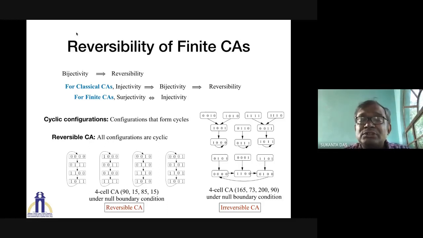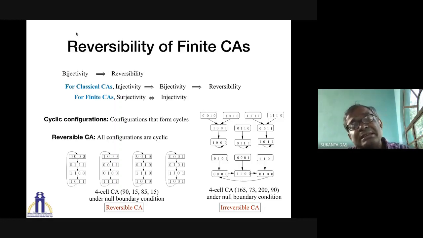Hence this CA is not surjective, because there are configurations which do not have any predecessor. And there is also a many-to-one mapping.